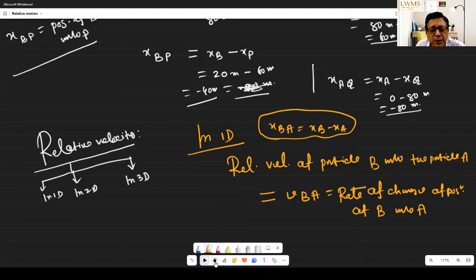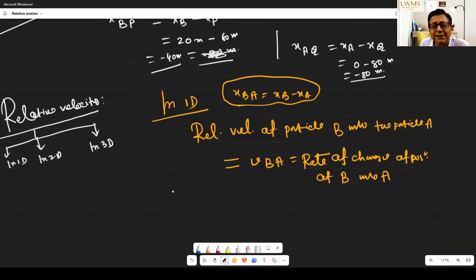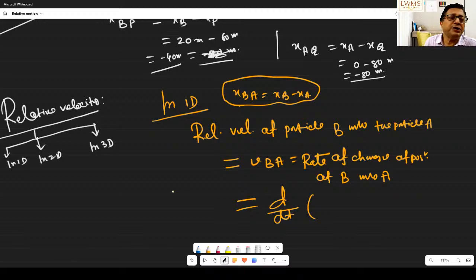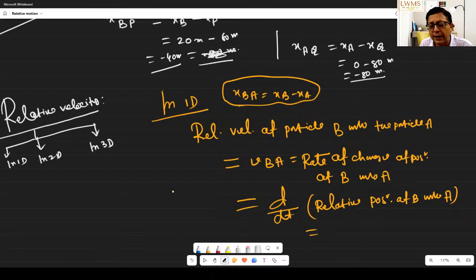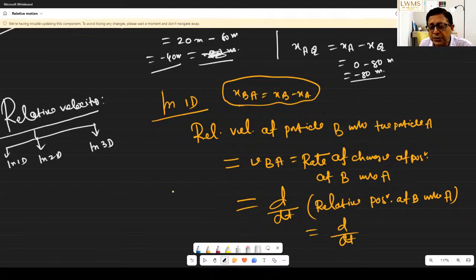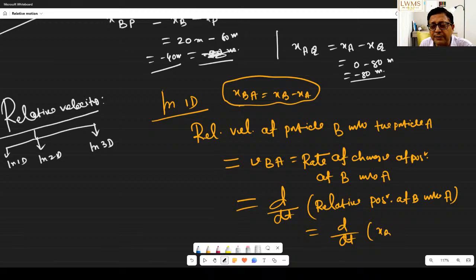So by using the concept of differentiation, it is d/dt of what? Change of position of B, I mean relative position of B with respect to A, that is d/dt of relative position of B with respect to A. But you know that relative position of B with respect to A is XBA, isn't it?